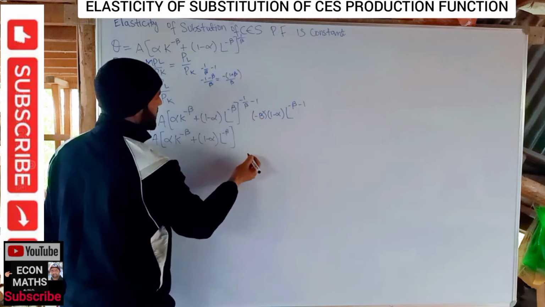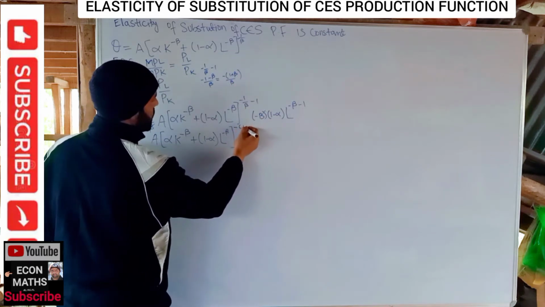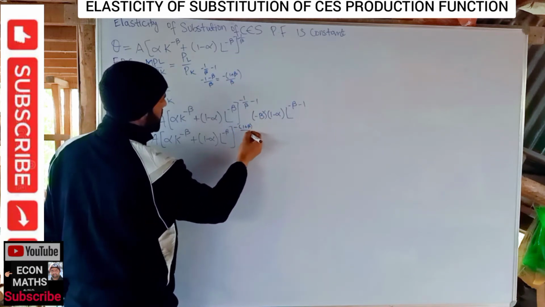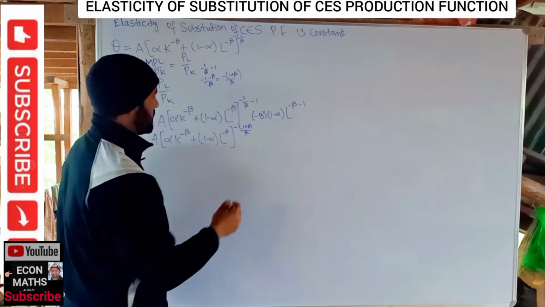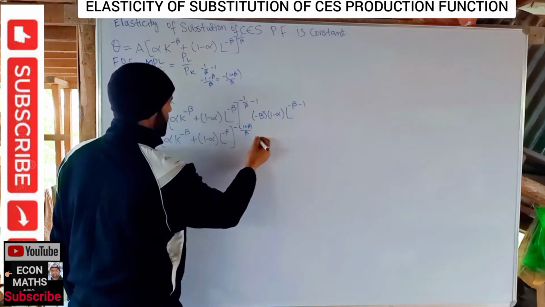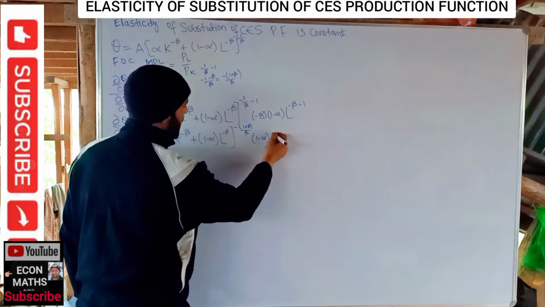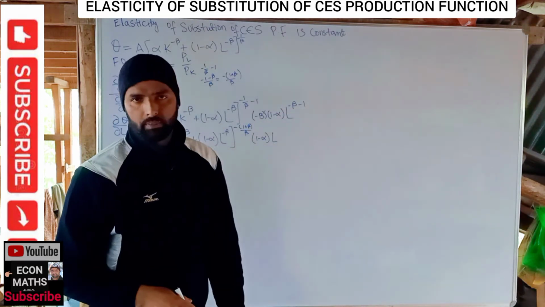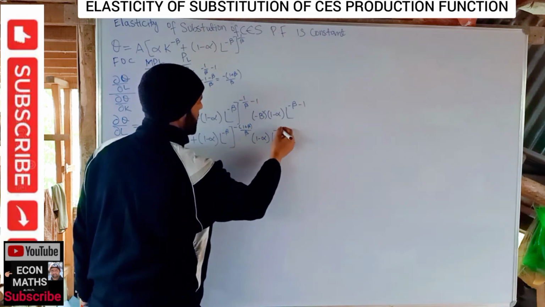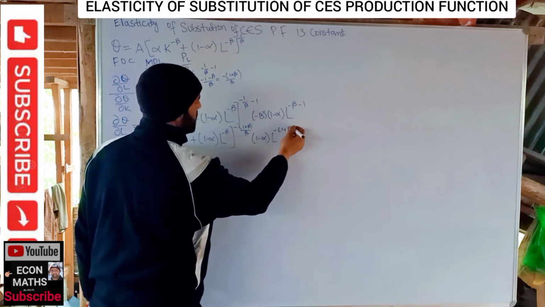So the exponent becomes -(1 + β)/β, and we have (1-α) L to the power, factoring -1 common, -(1 + β).